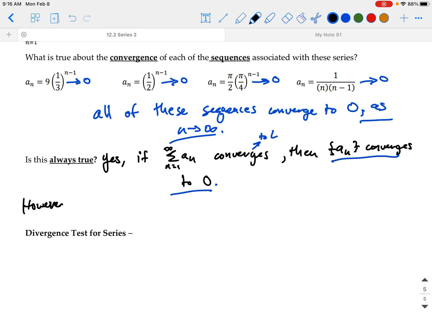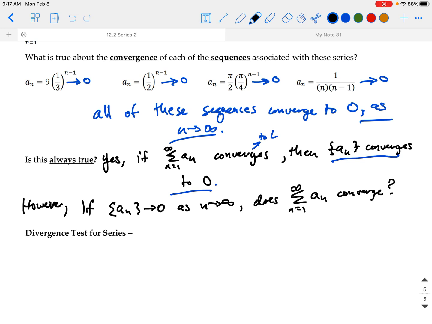However, if a sub n goes to 0 as n goes to infinity, does the series converge? And the answer to that we've already seen, which is no. Right, and the proof of this would be the harmonic series.